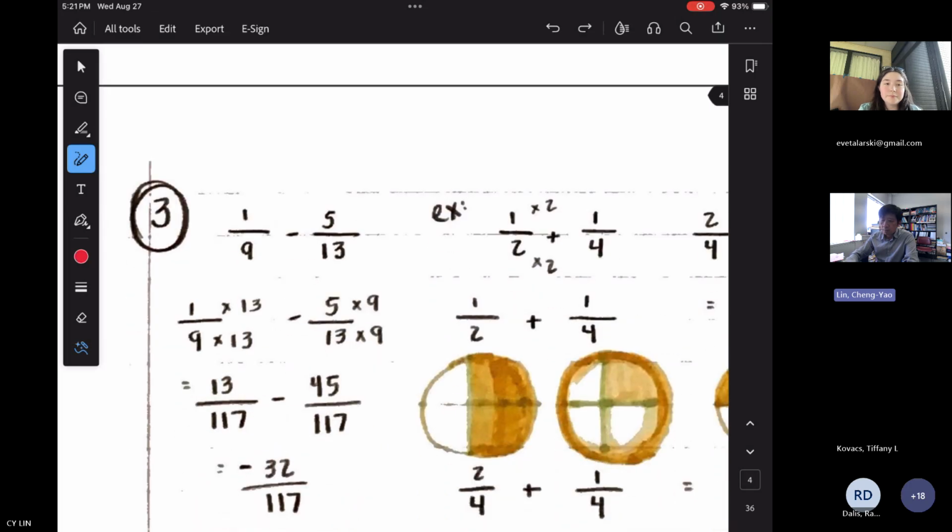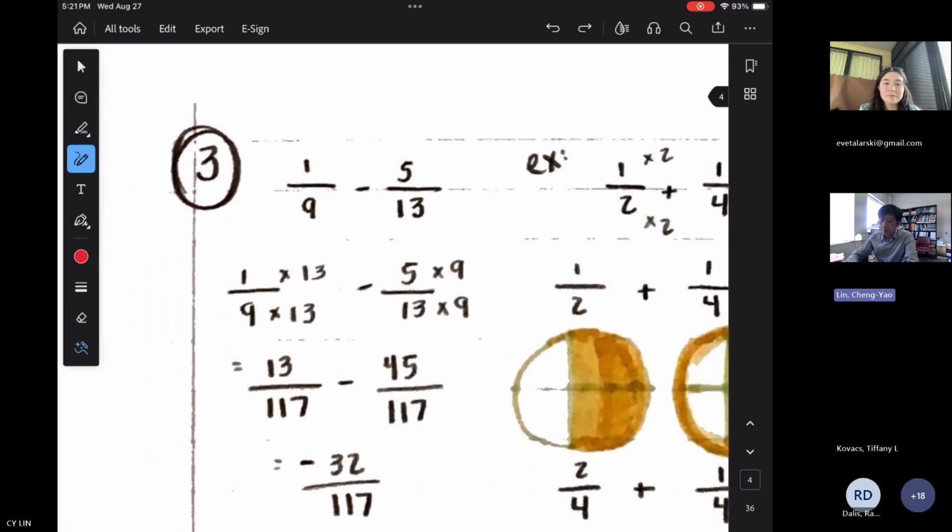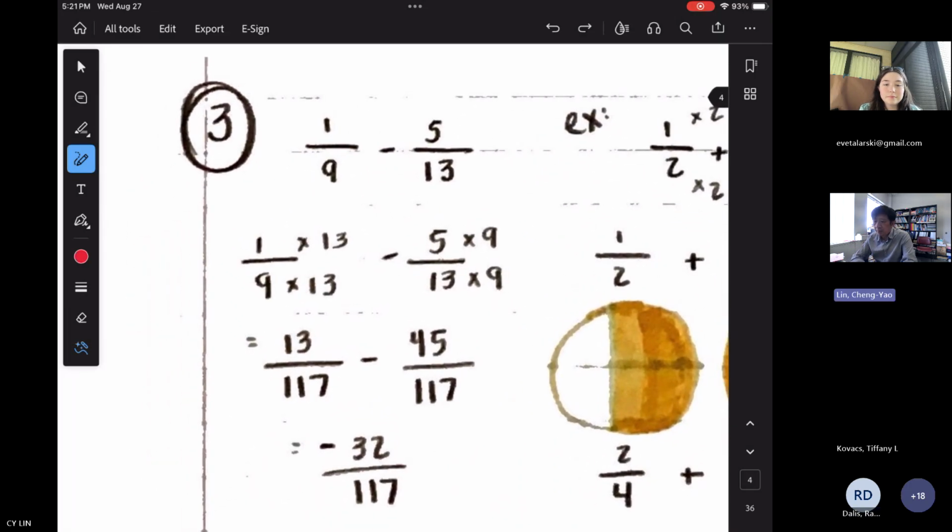Okay. Problem number 3. 1/9 minus 5/13. Many people make a mistake on the fraction problem. So in this review, I will focus on some of the teaching for fraction operations, because on your state content test there are a lot of problems on fractions and a lot of problems on decimals.